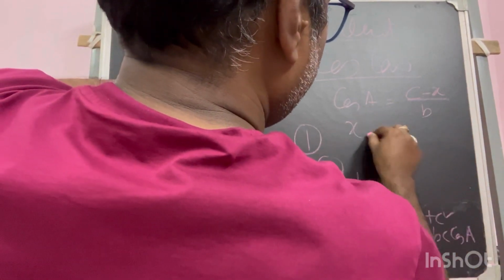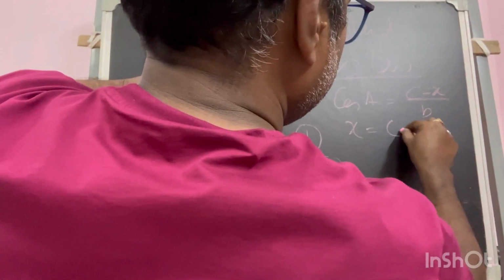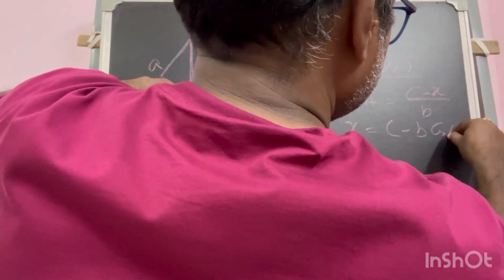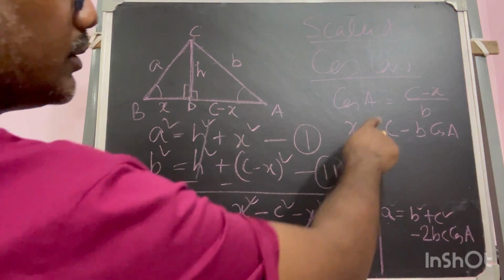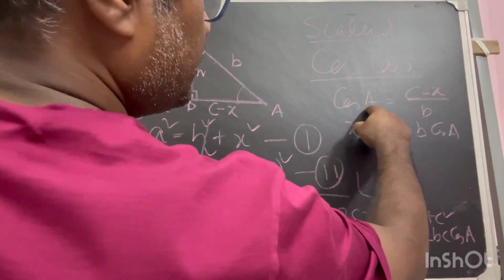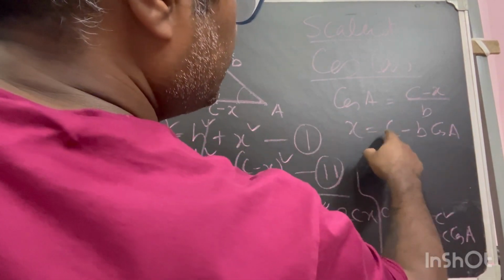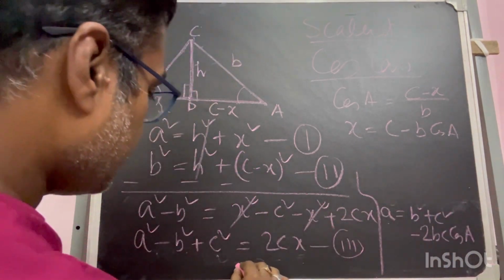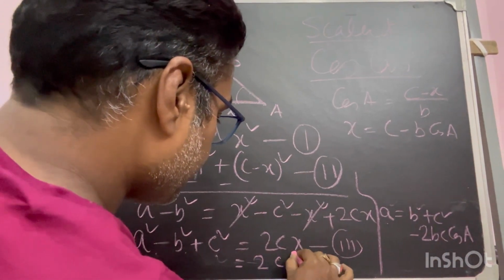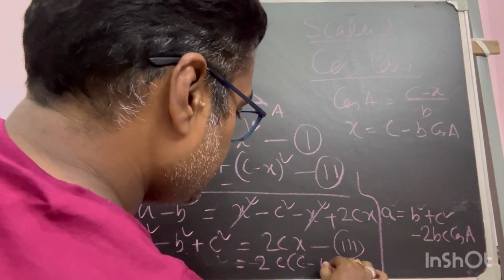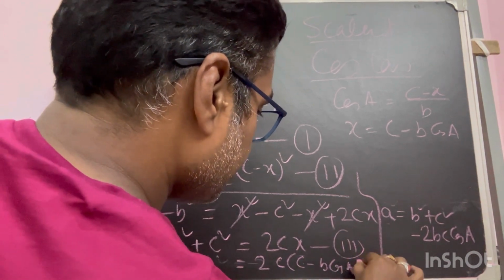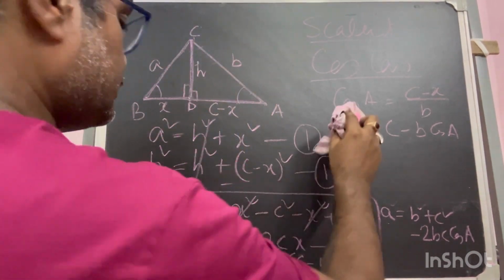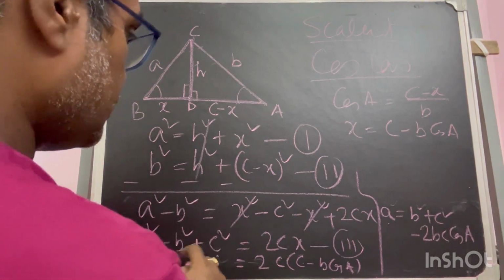So from here x will be c minus b cos A. You see it, b cos A, c minus x, so x is equal to c minus b cos A. So replace it here, c minus b cos A. Okay, so this will be like that.